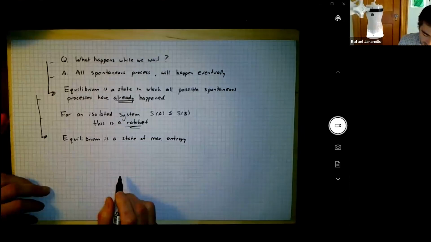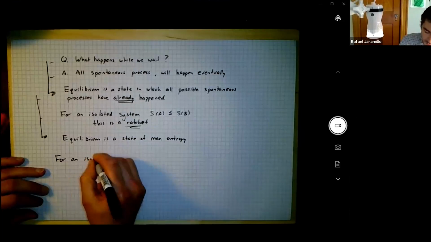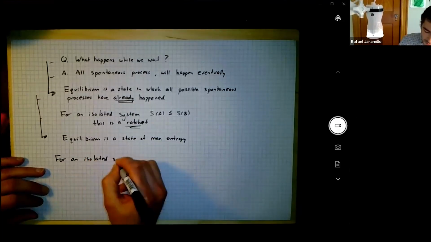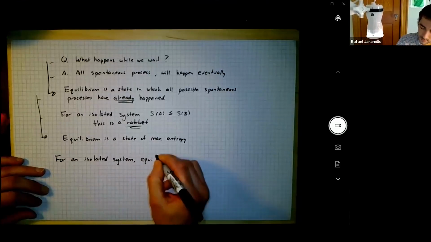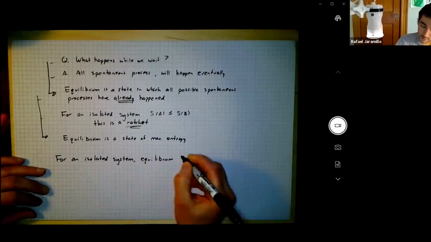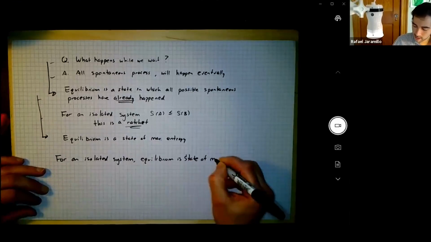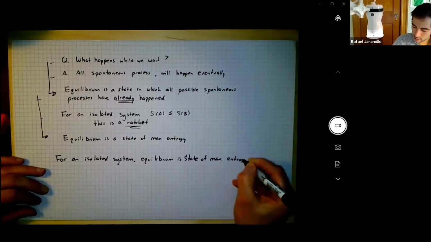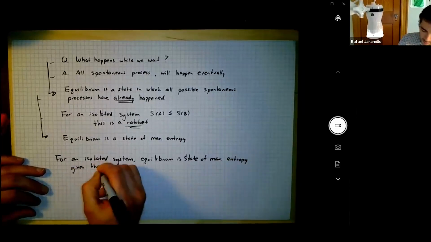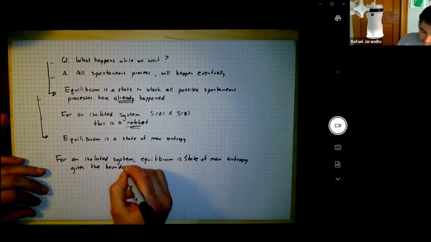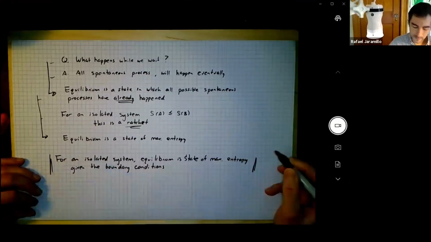So let me just state that again. For an isolated system, equilibrium is the state of maximum entropy given the boundary conditions. So this is also the second law.